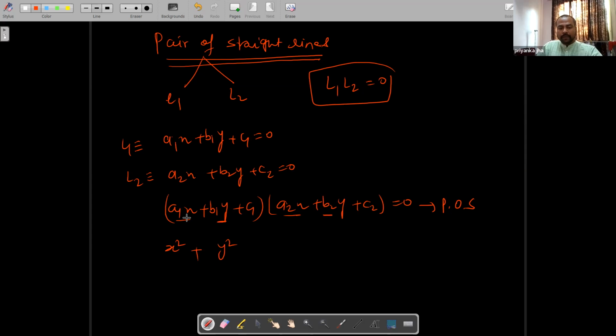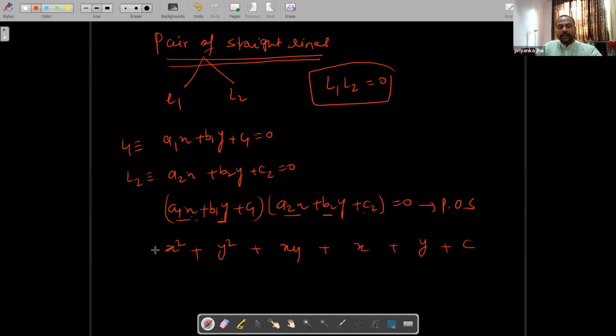Then if you multiply this into b2y, so x into y, one term, b1y into a2x, again you will get a term of x into y. Then if you multiply a1x and c2, you will get a term of x. Similarly, you will get a term of y, and one constant, c1 into c2.